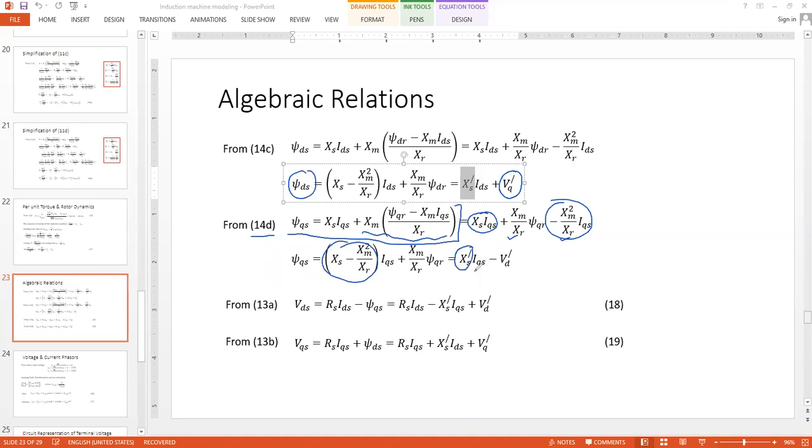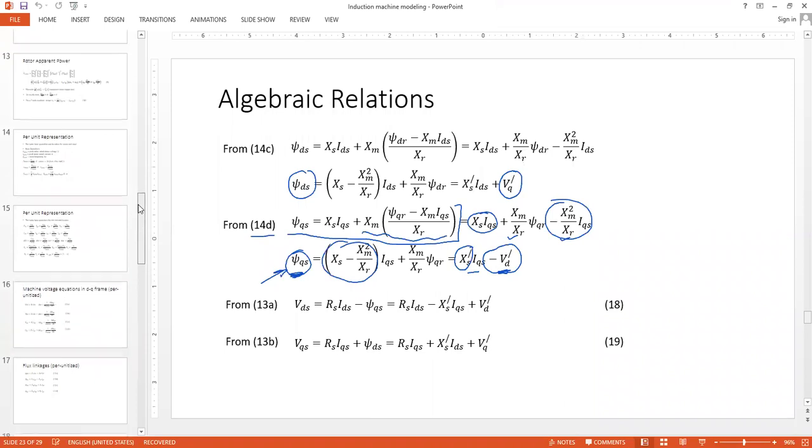So that is XS dash IQS minus VD dash. By doing this, we can simply relate the stator flux linkage in the Q axis with the corresponding state variable VD dash. Now let's move further from 13A. So what is in 13A?